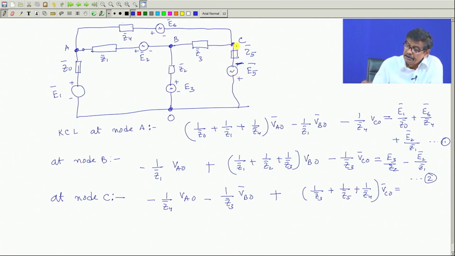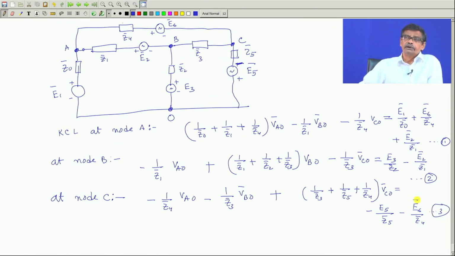So, E5 by Z5, but the negative is connected to C, so it will be equal to minus E5 divided by Z5. There is a source also connected here, E6 to C. So, this is also minus E6 by Z4, that is all.